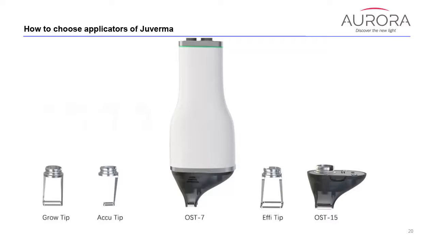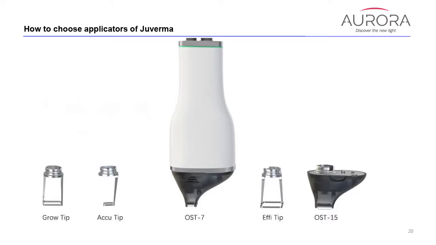How to choose the applicators? We have 5 tips you can choose, with 3 stamped tips and 2 roller tips. The stamped tips are focused on the targeted areas with treatment with high parameters. The grow is for more about the scalp area.